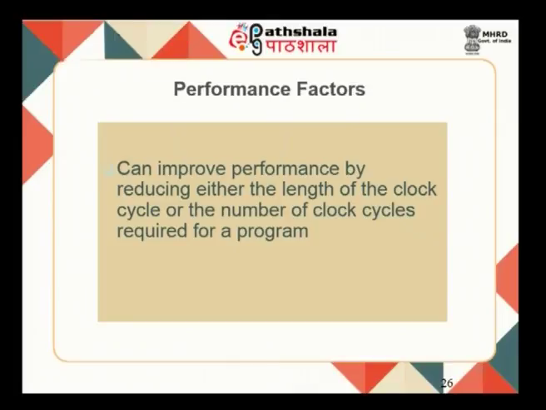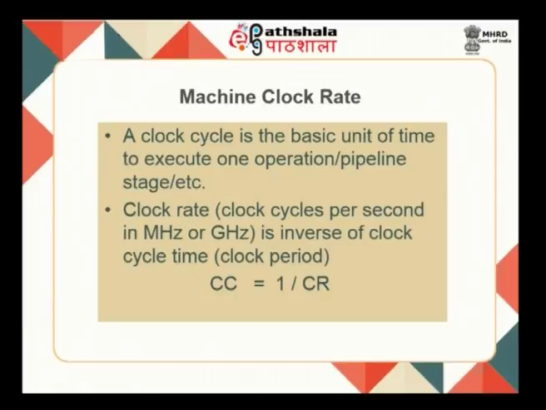Now, because the CPU execution time is a product of these two factors, you can improve performance by either reducing the clock cycle time or the number of clock cycles required for a program. And what is meant by a clock cycle, by the way? A clock cycle is the basic unit of time to execute one operation or a pipeline stage, etc. The clock rate, or clock cycles per second, normally defined in megahertz or gigahertz, is the inverse of the clock cycle time.